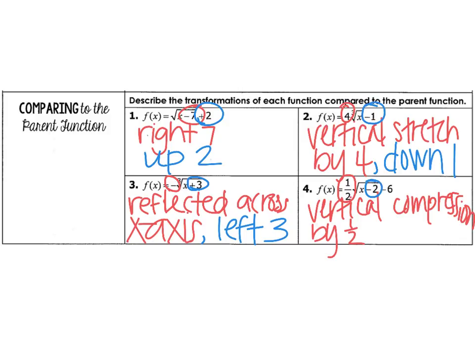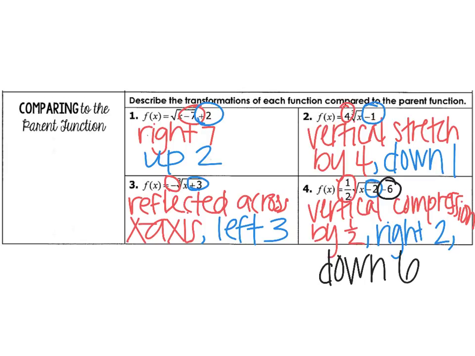The negative 2 inside the square root tells us that it's going to go to the right 2. And the negative 6 on the outside is our k, and that tells us it's going to go down 6 as well. So that's a lot of transformations on our square root parent function.